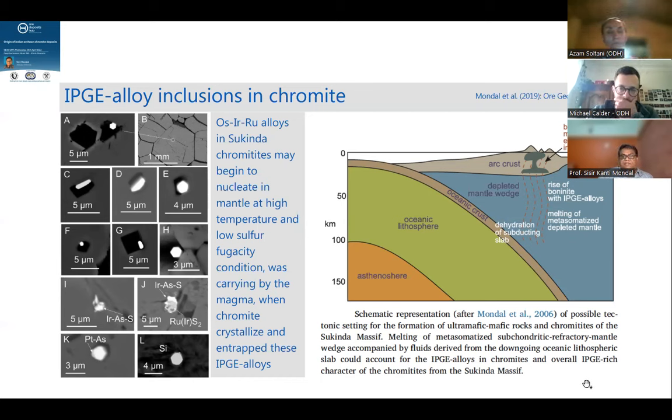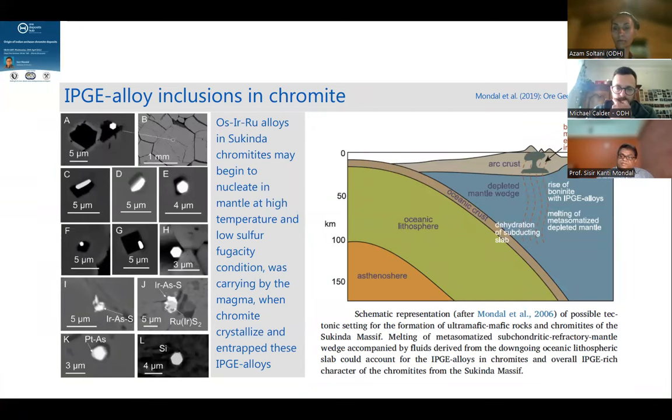So melting of a metasomatized subcontinental refractory mantle, which was lithospheric, subcontinental lithospheric mantle, accompanied by fluids derived from the downgoing oceanic lithosphere, would account for these IPGE alloys in chromites and the overall IPGE-rich character of the chromitites from the Sukinda massive. So we propose this model based not only on these alloy inclusions in chromitite.